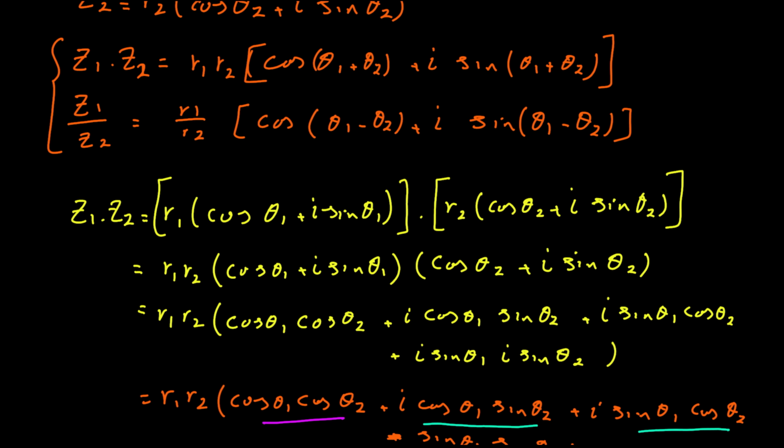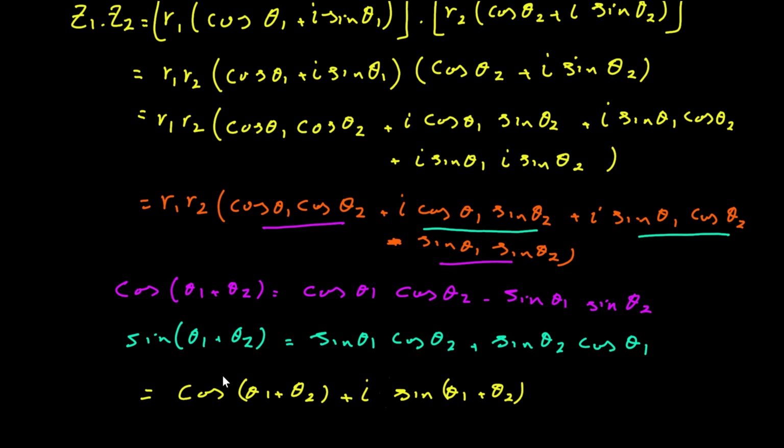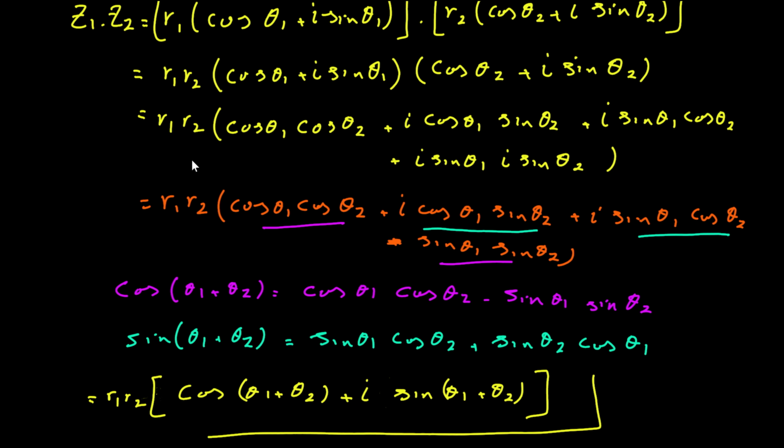One thing that I missed here is the r1, r2, so it's r1, r2 times that. That's the proof of z1 multiplied by z2.